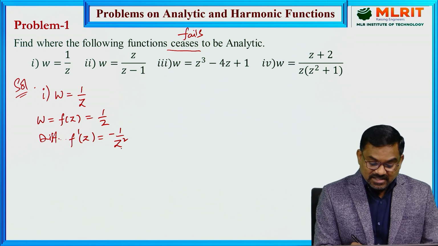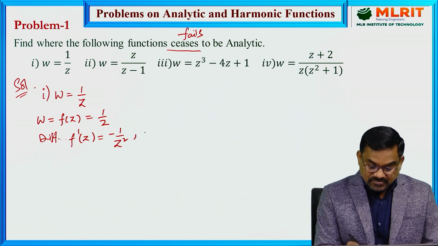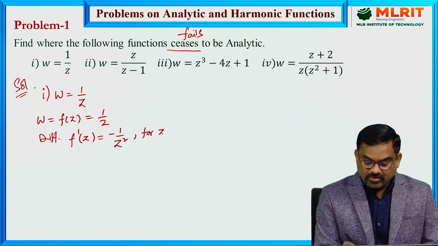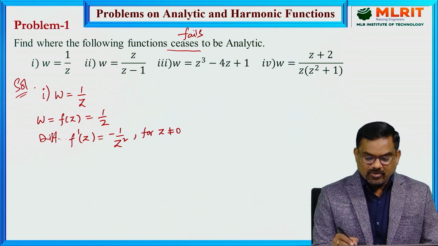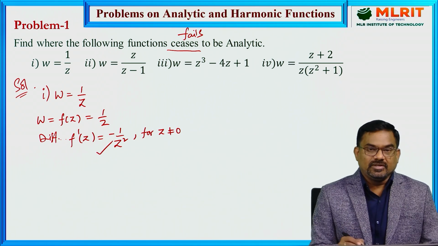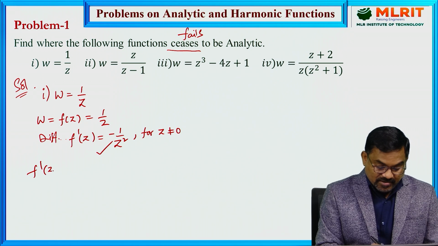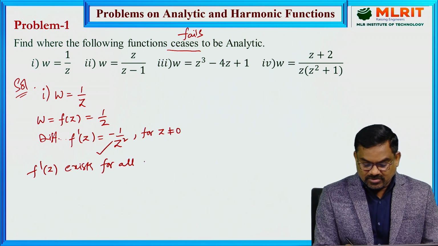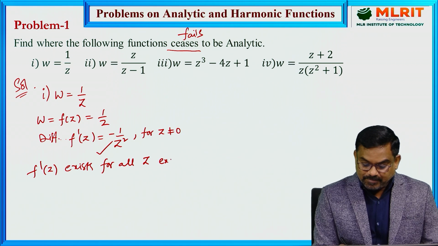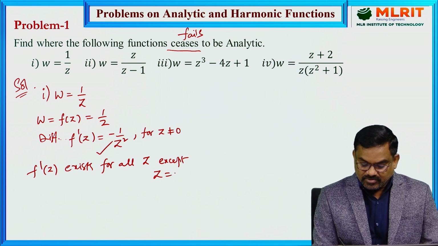Since z is in the denominator, this is for z not equal to 0. So if we take any value other than 0, yes, the derivative exists. So f dash z exists for all values of z except z equal to 0.